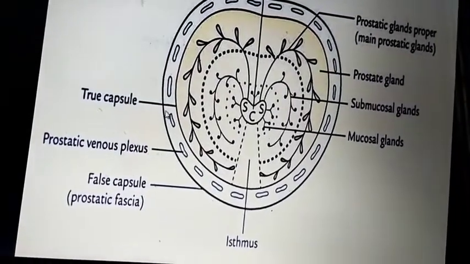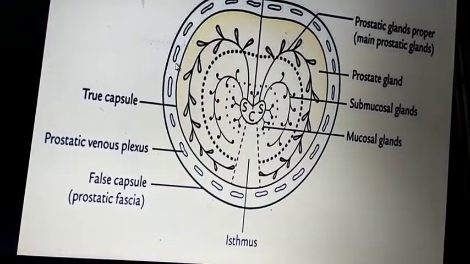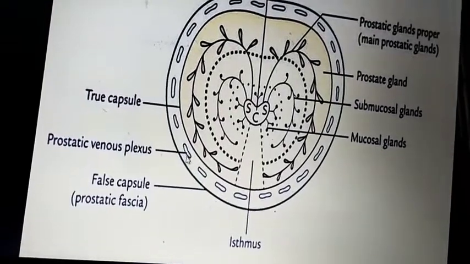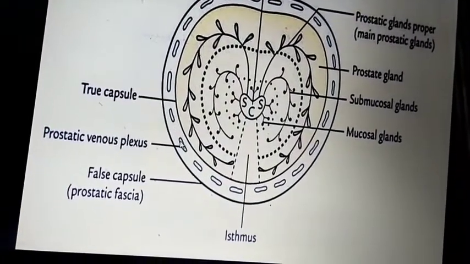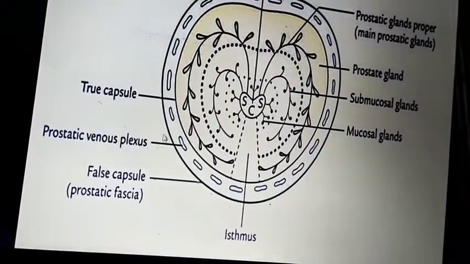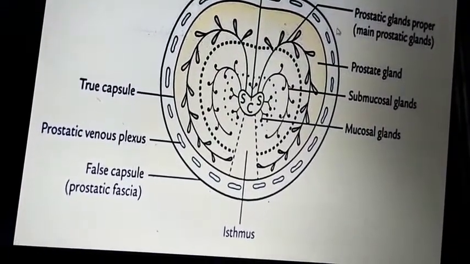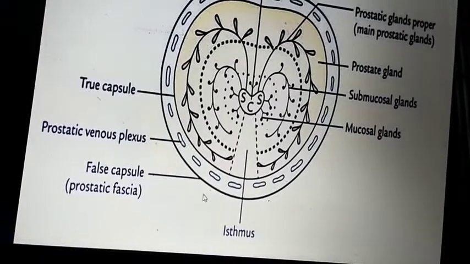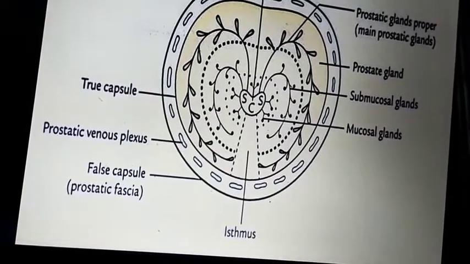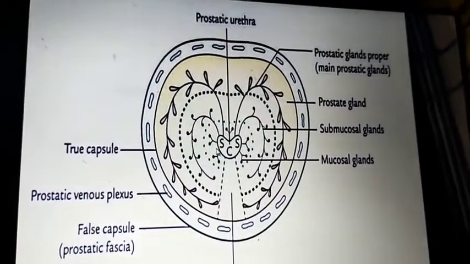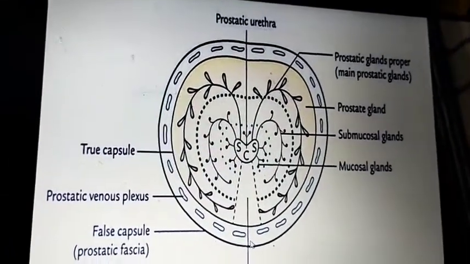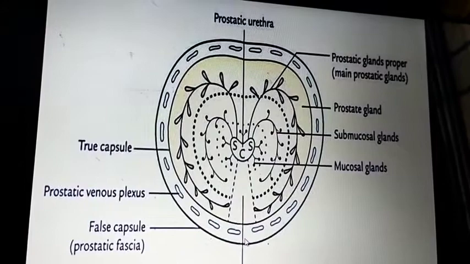Just above the true capsule you can see the prostatic venous plexus and the blood supply. Just above that there is another fascia, the prostatic fascia, which is called the false capsule of the prostate. This is about the capsule. It has a true capsule and a false capsule.